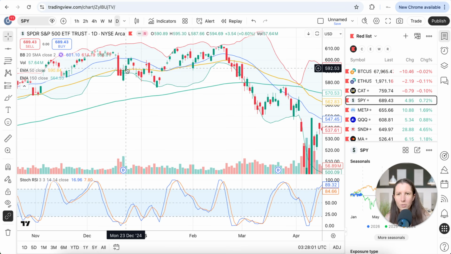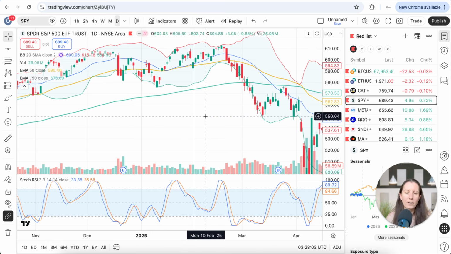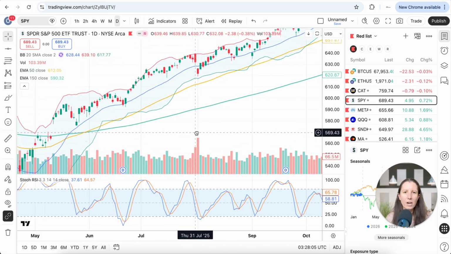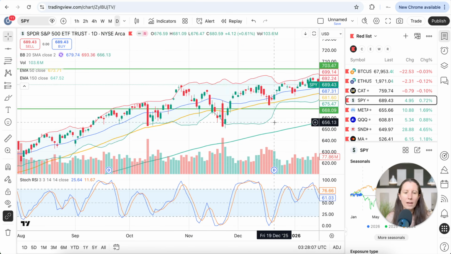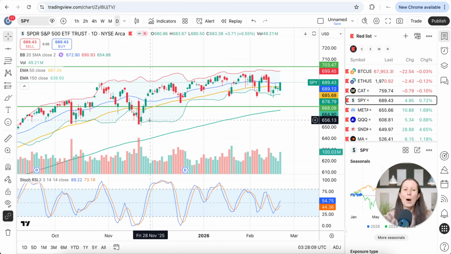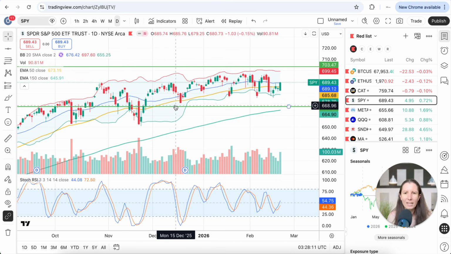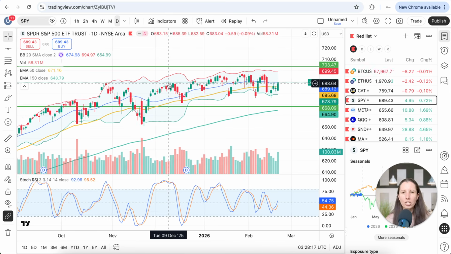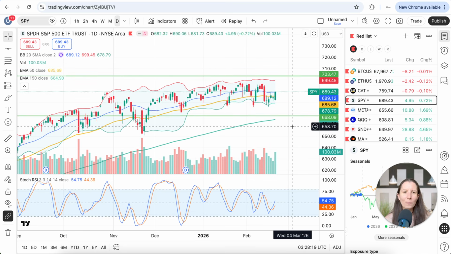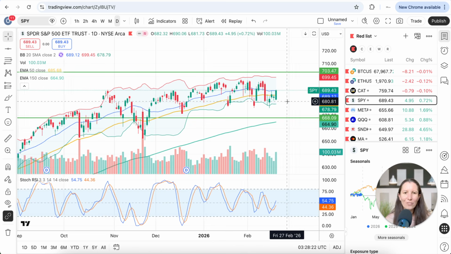So stochastic RSI is my favorite way to help determine, is there still room to run in this move, or have we reached its potential? So let me know what you think of this trade.